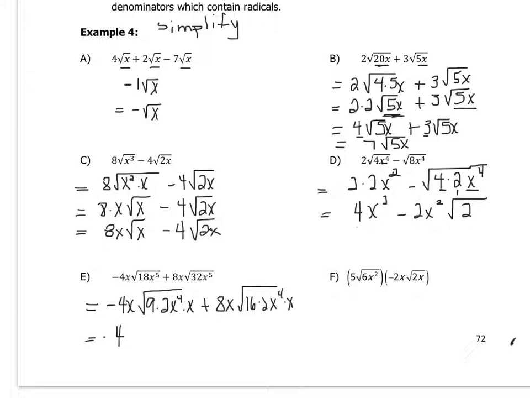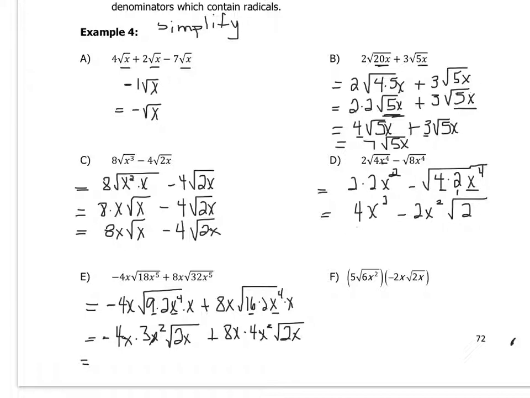And then that would be negative 4x times the square root of 9 comes out as a 3, and the square root of x to the 4 comes out as x squared, and we are left with just the 2 and the x underneath the radical sign. In the second expression, we have the square root of 16 comes out as a 4, and the square root of x to the 4 comes out as x squared, and we are left with a root 2x, again under the radical sign.